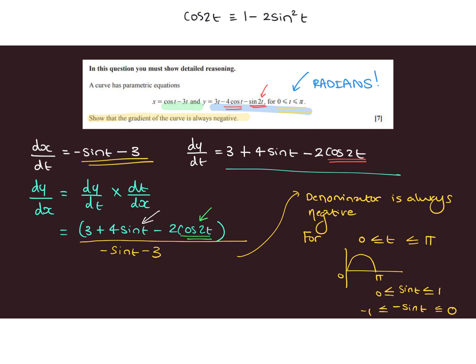So let's now investigate the numerator in more detail. So I'm just going to separately write out 3 plus 4 sine t minus 2 cos 2t as 3 plus 4 sine t minus 2, and then in place of cos 2t, I'm going to write 1 minus 2 sine squared t.